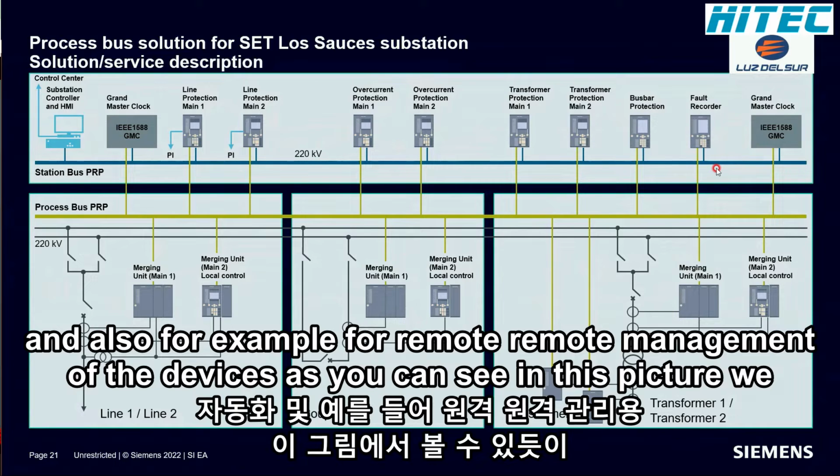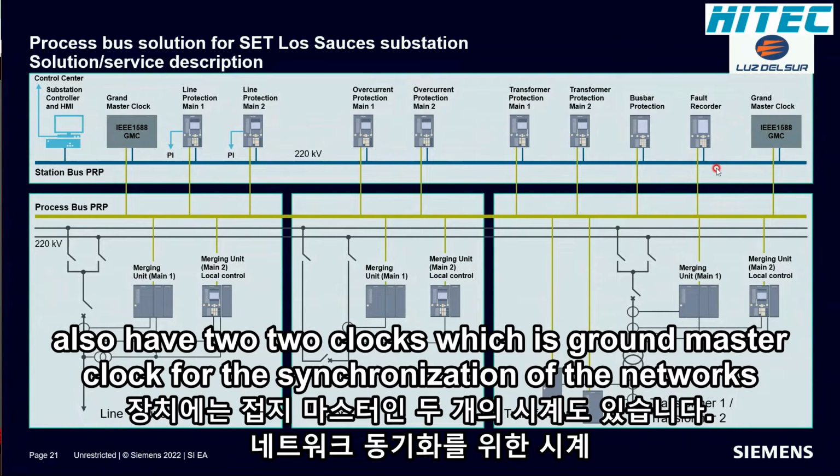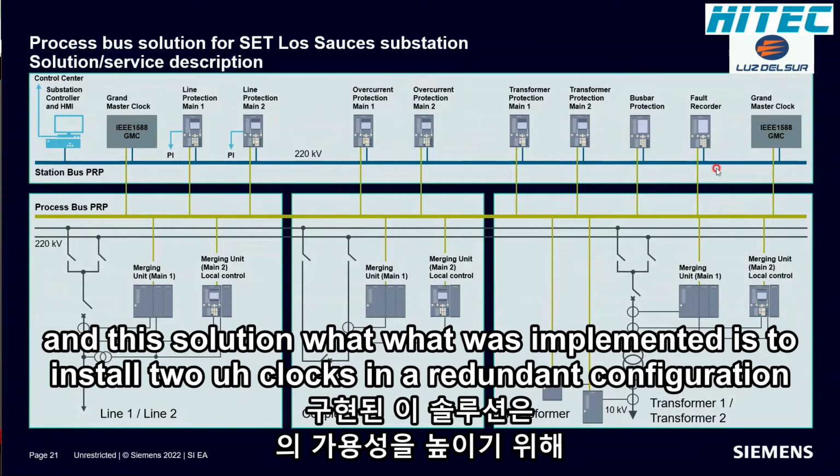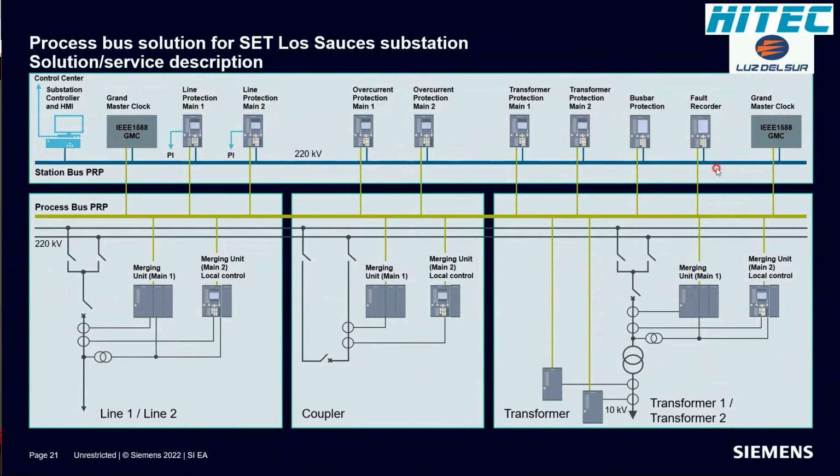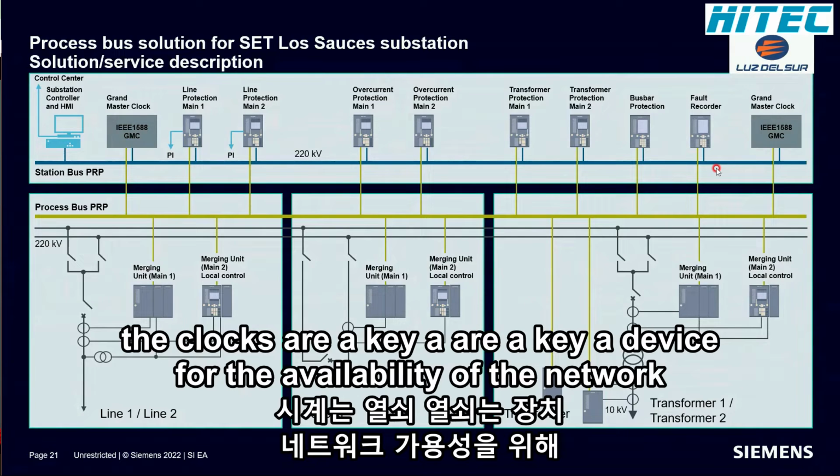As you can see in this picture, we also have 2 clocks, which are Grandmaster clocks for the synchronization of the networks. The solution implemented was to install 2 clocks in a redundant configuration in order to increase the availability of the process bus network. When we use process bus, the clocks are a key device for the availability of the network.